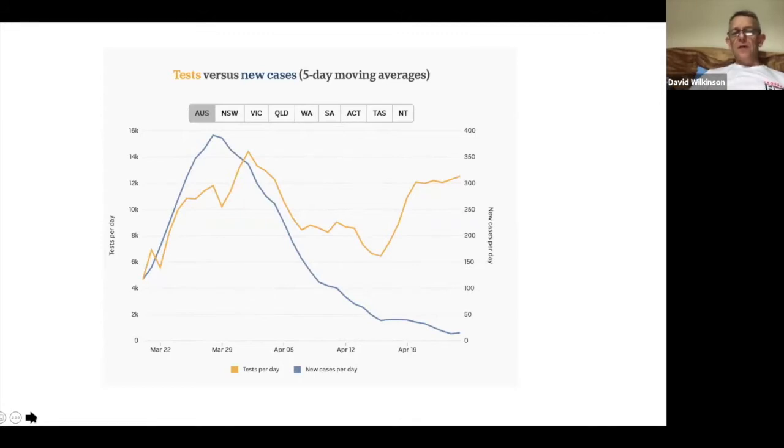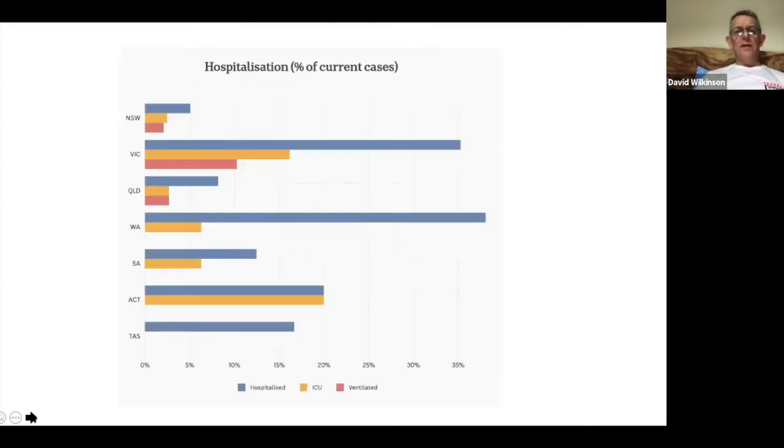And the number of cases is very low and is falling. What's important here is as the number of tests go up, the number of cases is falling. This gives us all great confidence that we are not missing cases and that the blue line is a very accurate reflection of what's actually going on around Australia.